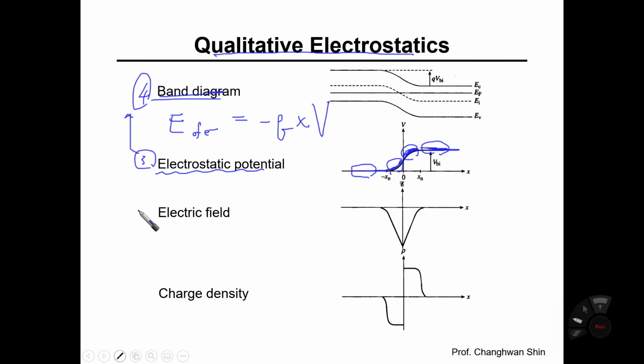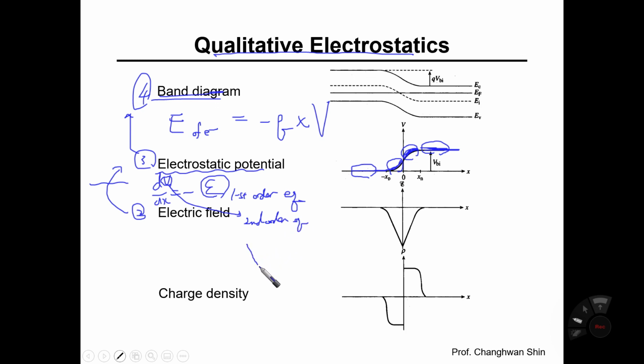So from step number 2 to step number 3, the job that we have done is this. dV/dx is equal to minus E. So if this electric field is a first order equation, then this potential must be a second order equation. So a second order equation has two different shapes, upside down or downside up, parabolic curve shape.